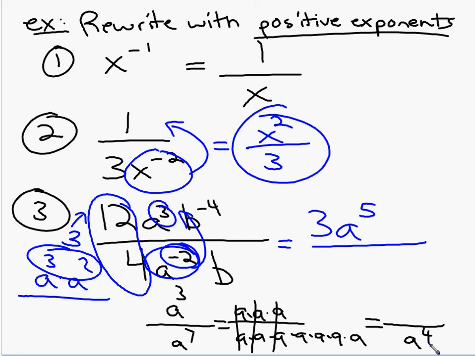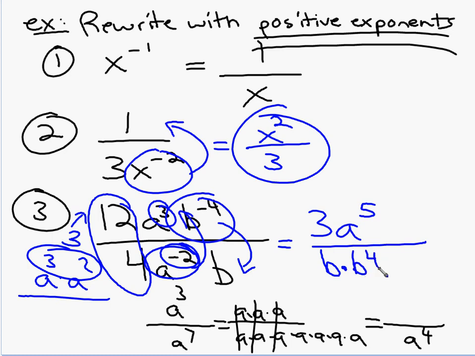All right? Now, I never took care of the b. We're supposed to be getting positive exponents. So what I would do is I would move this thing down here, so that now I have b times b to the fourth. That's what I would do. And then you need to add your exponents.